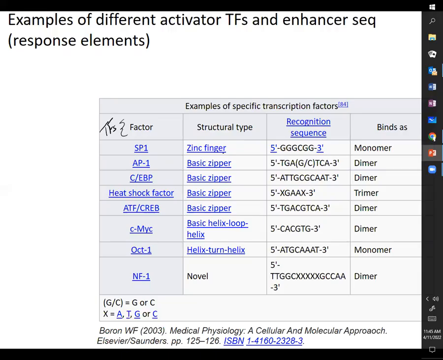This tells you a little bit about the protein structure, which we don't care about so much, but here are the recognition sequences. These are the enhancer sequences to which each of these bind. Let's look at CMYC. It binds CACGTG, again in the language of the coding strand. That is the enhancer region to which CMYC binds.